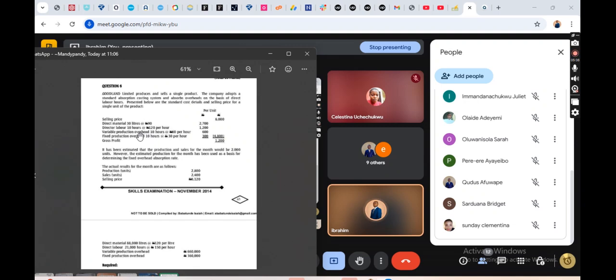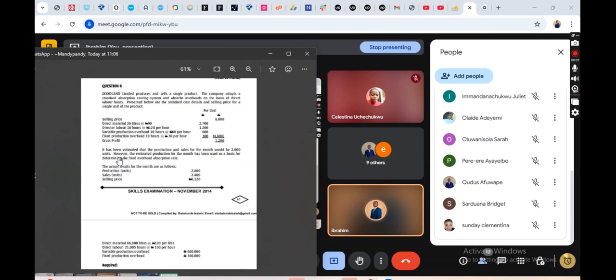The same thing is applicable to these 10 hours: when you multiply by 120, you have your standard cost per unit, right? So these are all your standard. It has been estimated that the production and sales for the month would be 2,000 units.